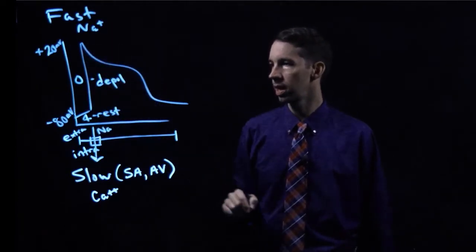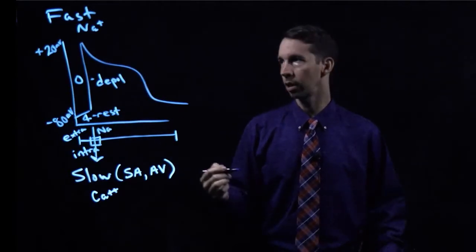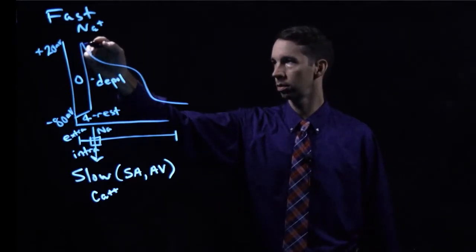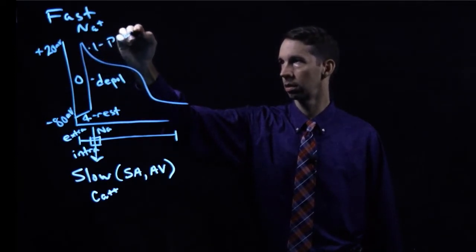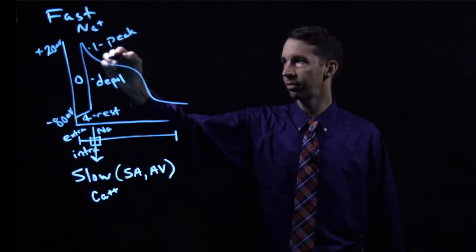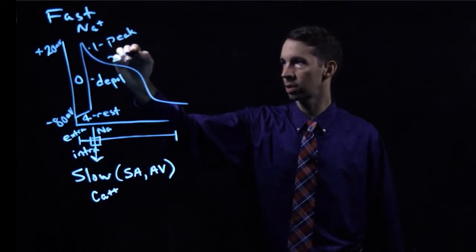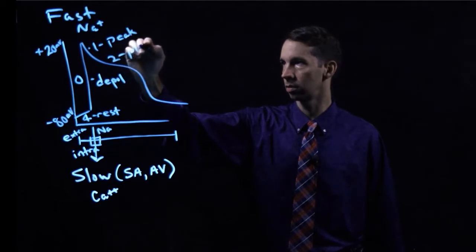So what's next? These sodium channels abruptly close, and the cell starts returning toward repolarization. This is phase 1, which is also called the peak. Right after that, we have the plateau phase, which is phase 2.